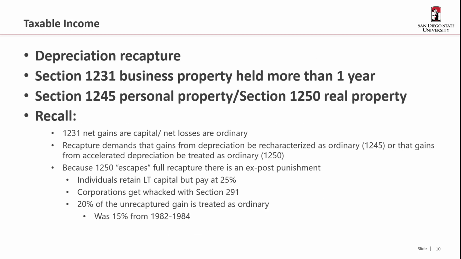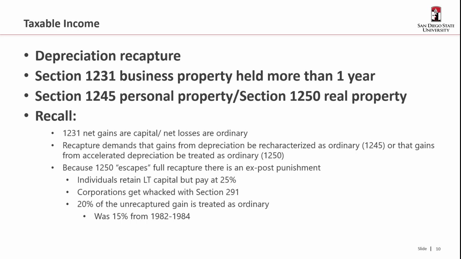Okay, so depreciation recapture is generally the bane of every novice tax student's existence. But unfortunately, it's a big deal for corporations because, of course, corporations naturally treat the vast majority of their property as being used in a trade or business, which means it's Section 1231 property, since 1231 property is business property held for more than 1 year.